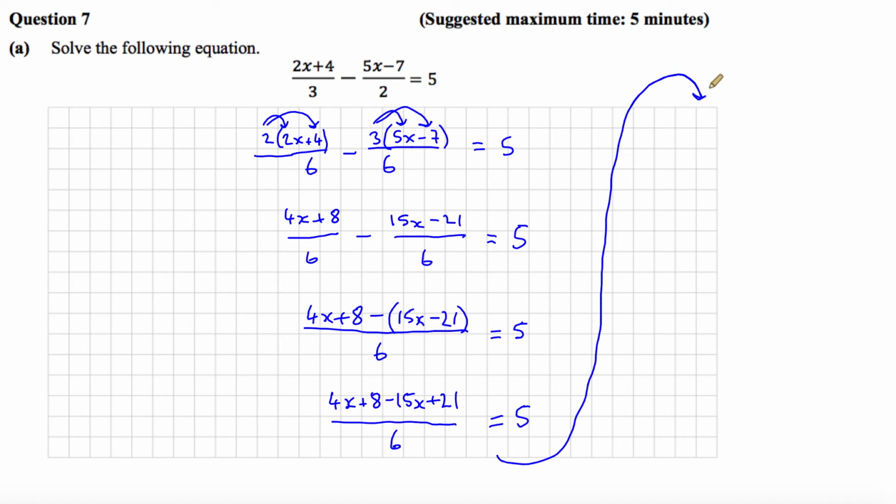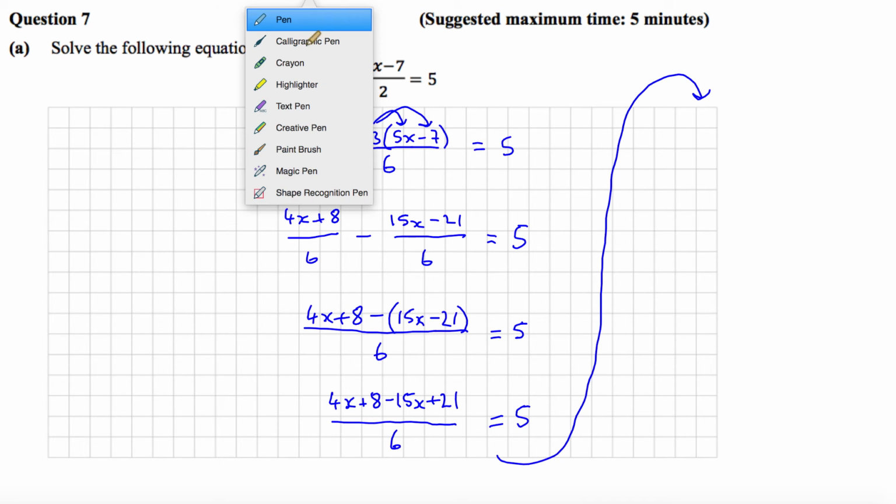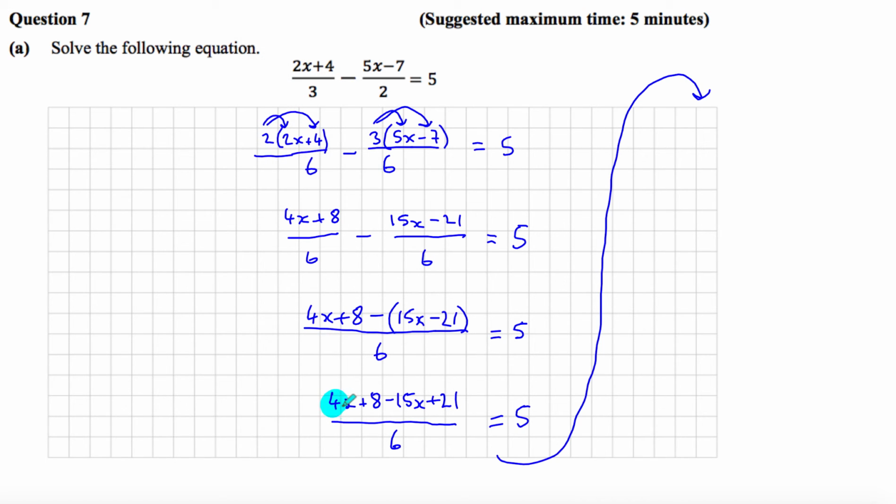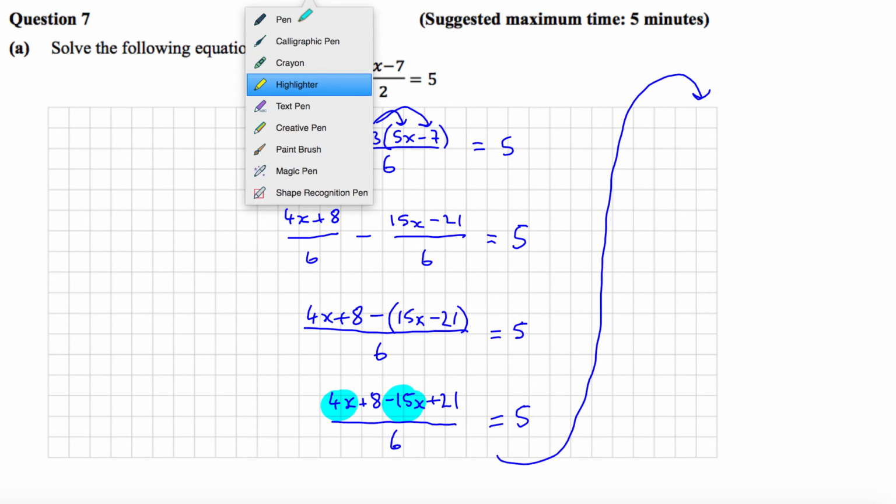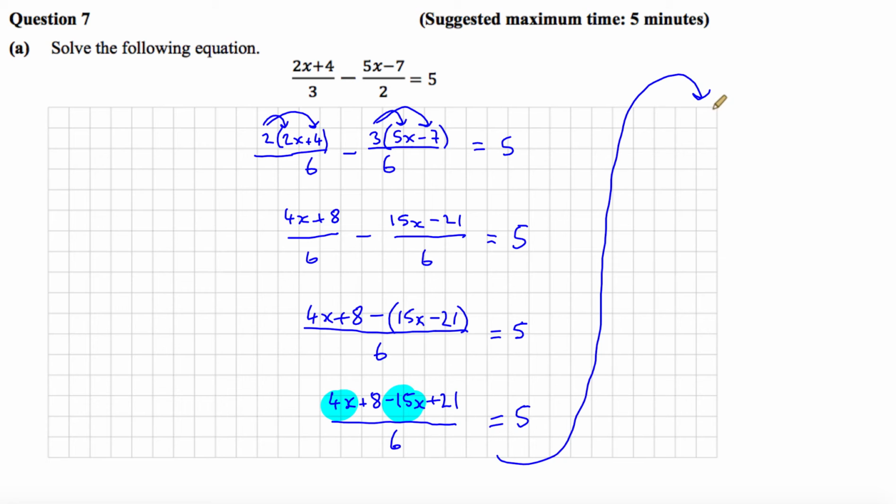So we'll just go over here now. We can tidy up here. We can see that the 4x and the minus 15x combine to give us minus 11x. And then the 8 and the 21 combine to give us positive 29.